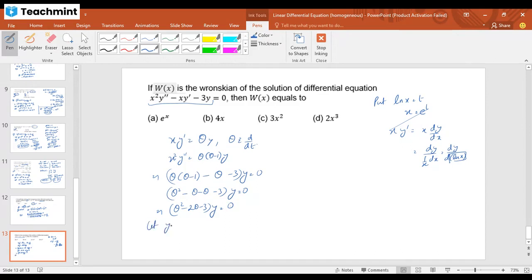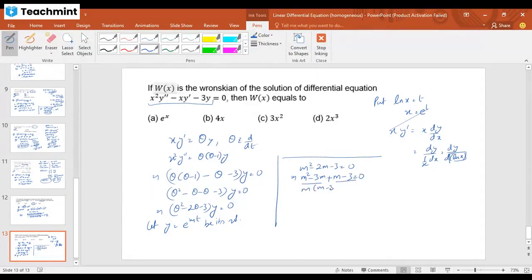So we assume y equal to e raised to the power mt is its solution. Its auxiliary equation will be m square minus 2m minus 3 equal to 0. In this case, the product of the roots is minus 3 and the sum is 2, so I can write it as m square minus 3m plus m minus 3 equal to 0.